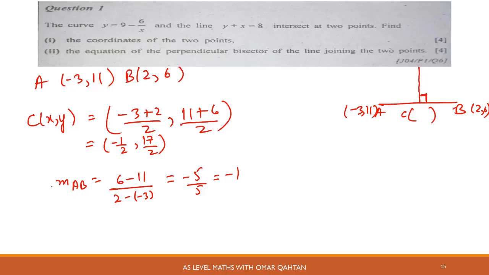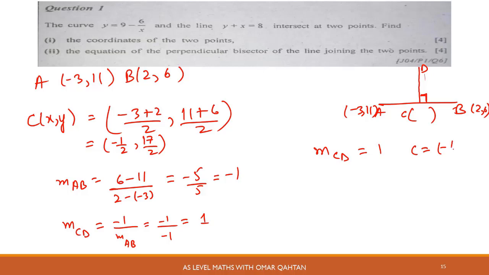So if the gradient of AB is minus 1, then the gradient of this line, let's say this is line CD, so CD will be minus 1 upon m of AB, which is minus 1 upon minus 1, and it will be 1 only, plus 1.